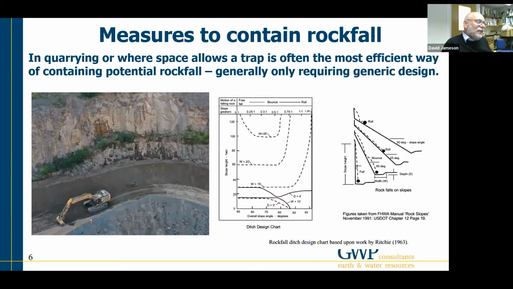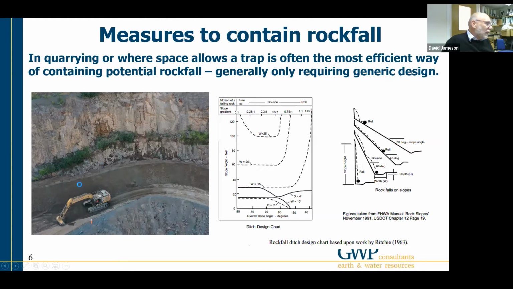Where they're slightly flatter, then it'll bounce out, and flatter again, gentler slopes, the blocks will roll down the slopes, and you can size your generic rock trap at the bottom of faces based on some height to slope ratios.